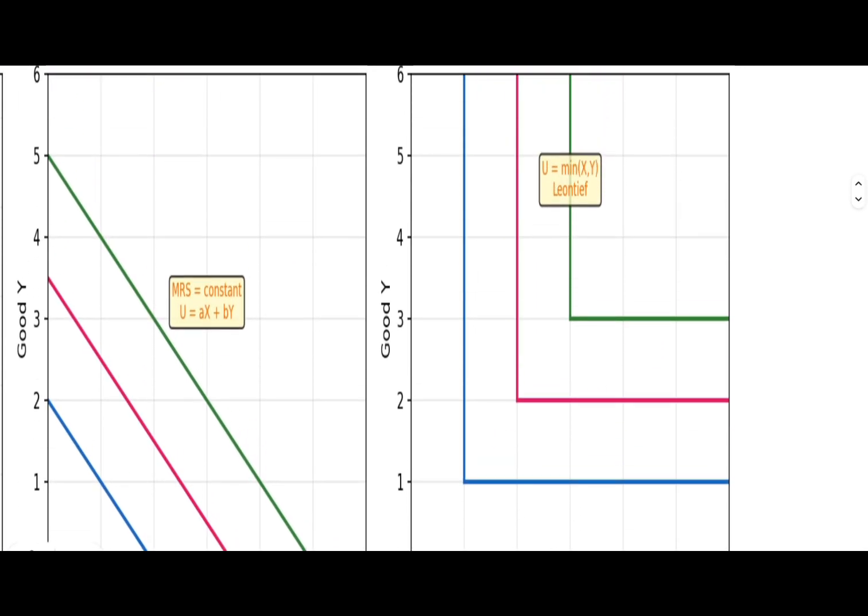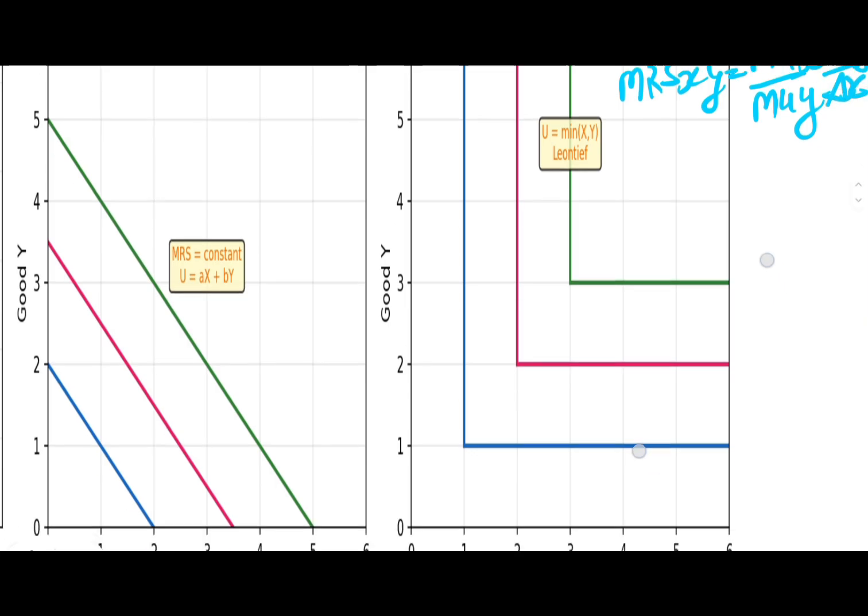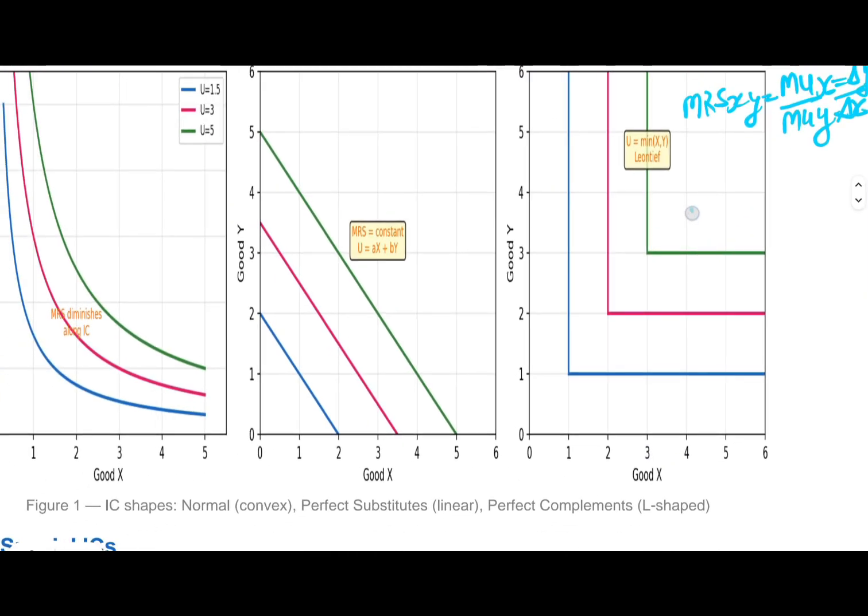We are taking the case of MRS, that means marginal utility of X upon marginal utility of Y, or we can write it as change in Y upon change in X. So first case, if we increase X from 1 unit to 2, change in X is 1 unit, but we didn't increase Y, so change in Y is 0.